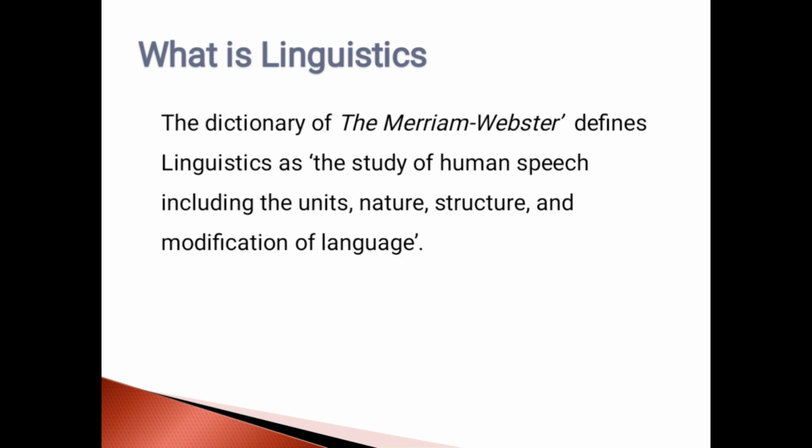That is to say, in linguistics, we study what the components of the language are, what is the nature of the language, what structures are formed, and how a language evolves or gets modified with the course of time.